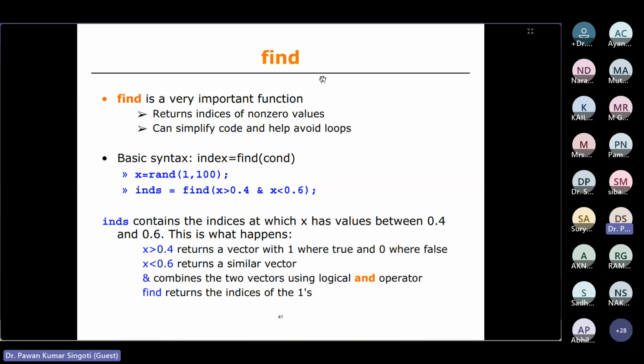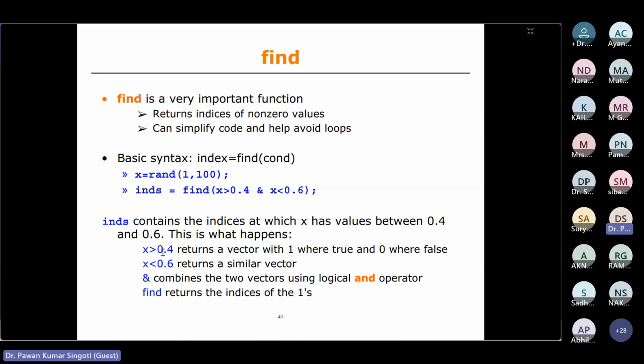It contains the indices at which x and y values are between 0.4 and 0.6. So if we are using 0, 1 to 100 values, and we need only 0.4 to 0.6 values, just use this one only.